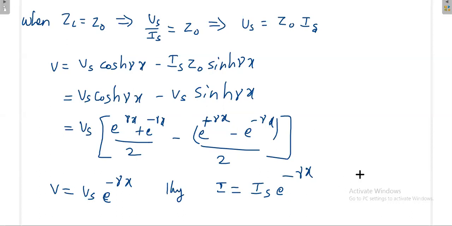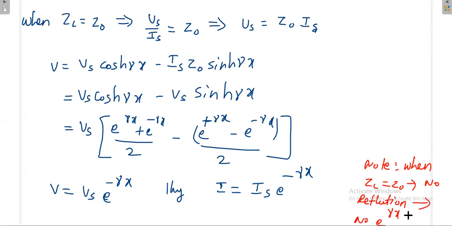So I can write it as a note on the right side. Note: when ZL is equal to Z0, it indicates no reflection, that is, no e power gamma x term. If there is no reflection, that particular term will not be present and will be removed.